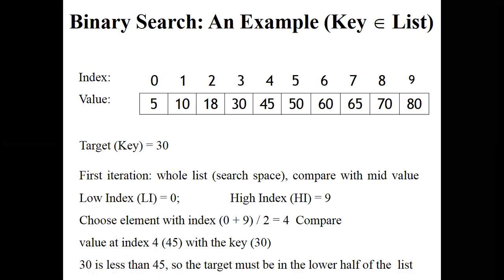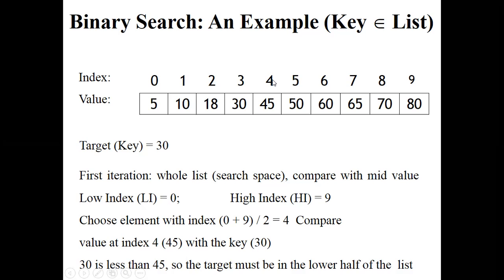First of all, we take the lower limit, that is 0, and the upper limit, that is 9, and we add both and divide by 2. 9 plus 0 is 9, divided by 2 it is 4.5, or you can say 4 for comparison.